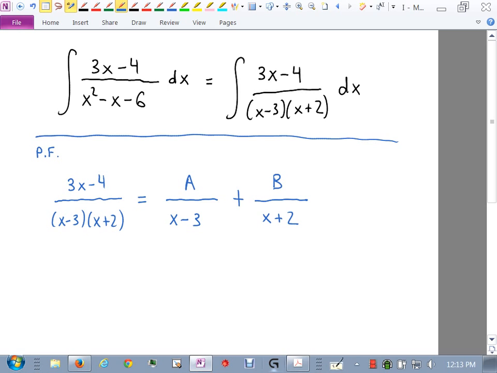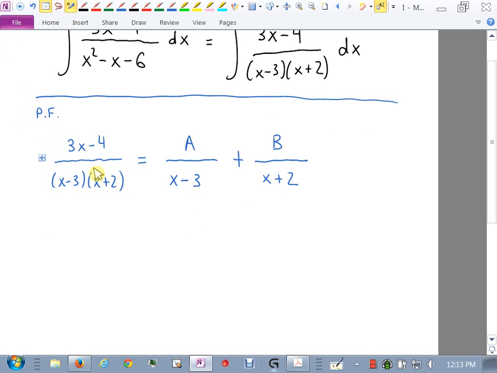So doing a quick multiplication of both sides by the LCD, I have 3x minus 4 equals A times x plus 2 plus B times x minus 3.